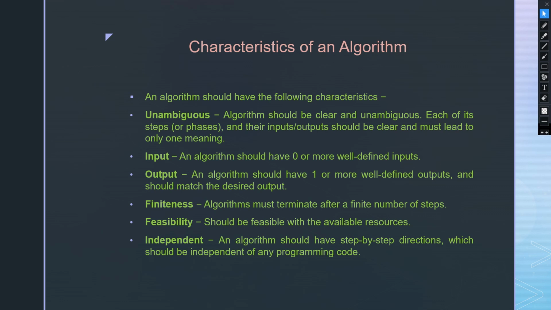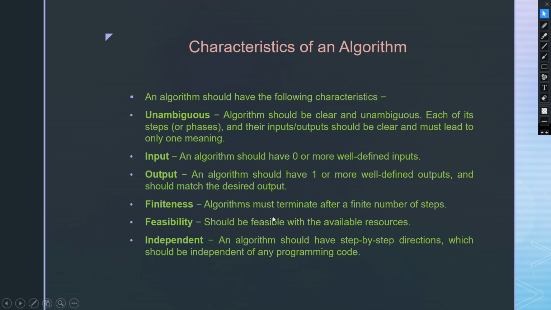An algorithm should have one or more well-defined outputs, and they should match the desired output. If we think about our previous example, we print hello world, and there is one successful output. At least one output is there. So our algorithm should contain at least one output, and more is fine. Without output, our algorithm would have no use.